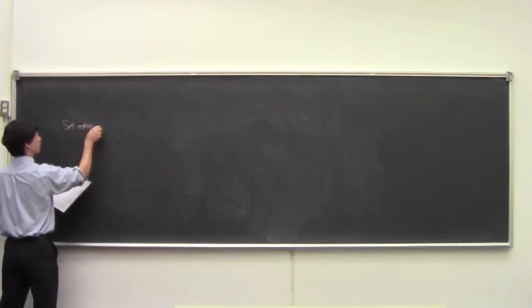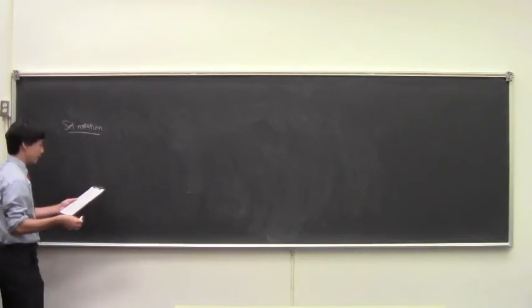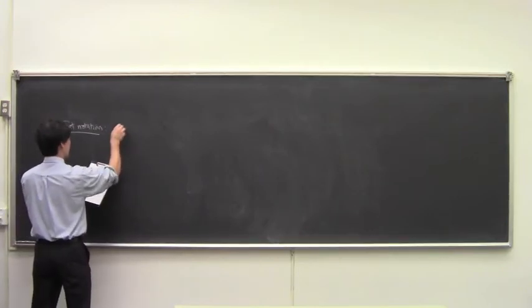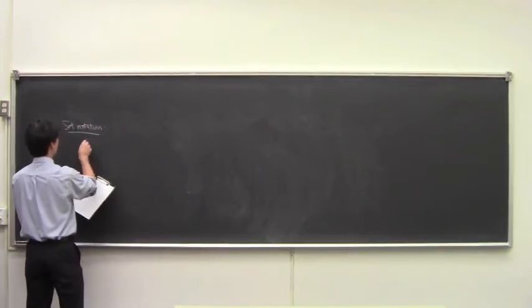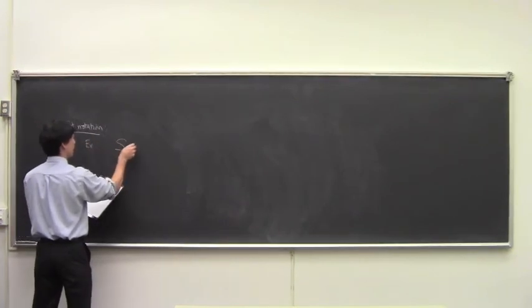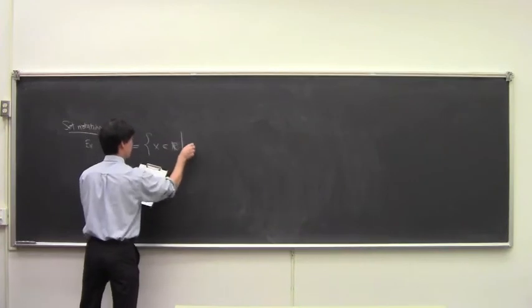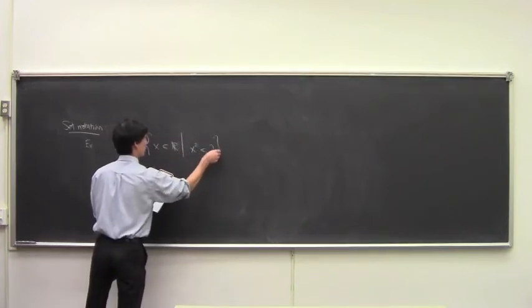Set-builder notation, which we've already started to use, in fact. You have something like this. So I'll just give an example. If I say S equals something like this, right?